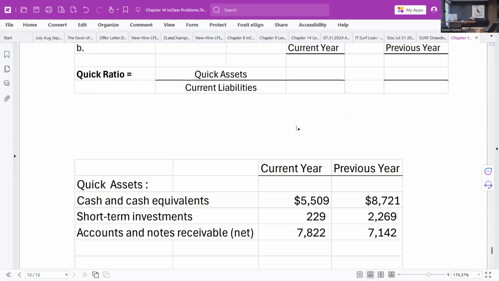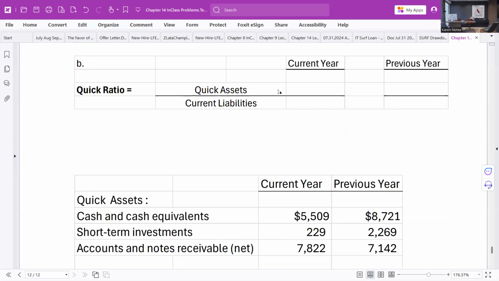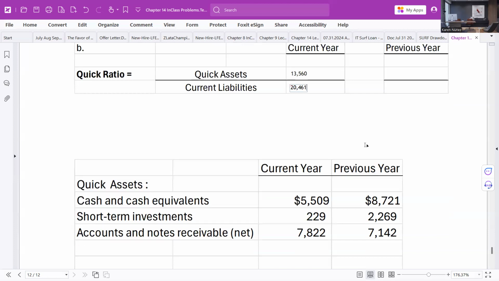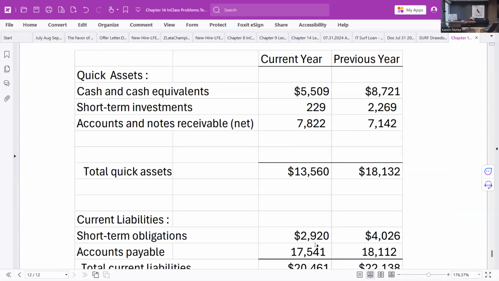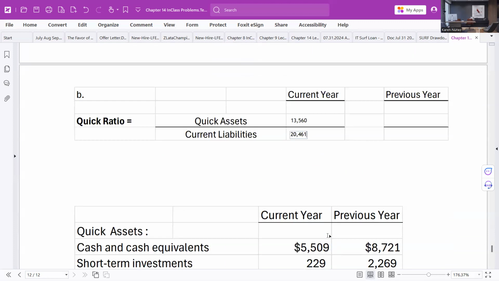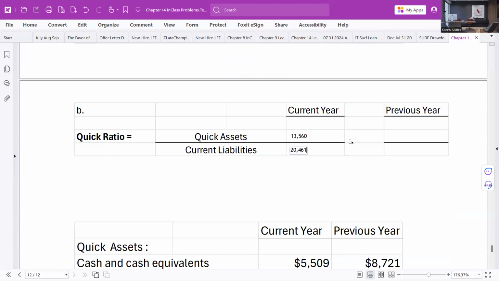So if we measure the quick ratio using, again, these quick assets, then what we have here is the 13,560, and we want to divide by the 20,461, right? 13,560 and 20,461. So what that actually tells us here is it's 0.7.